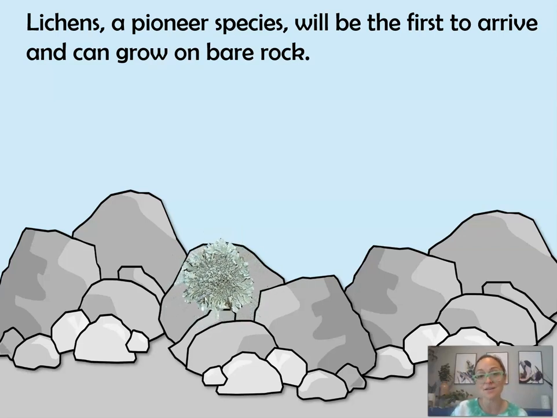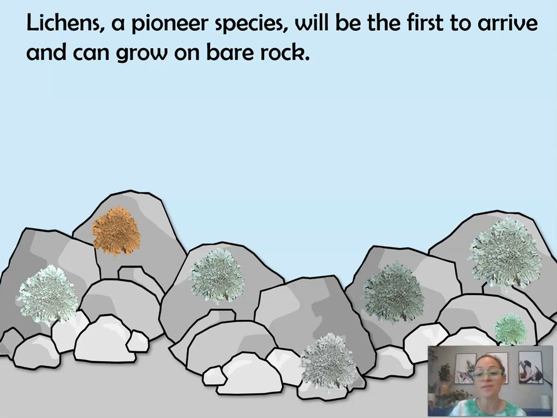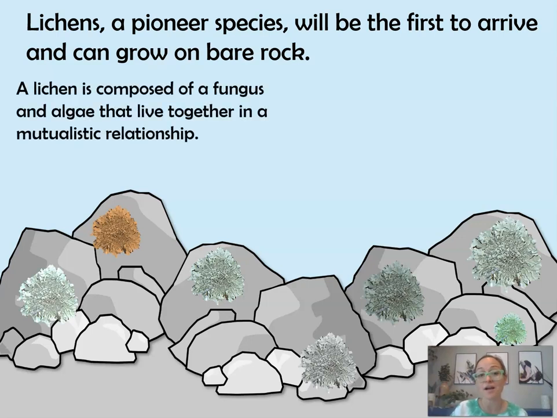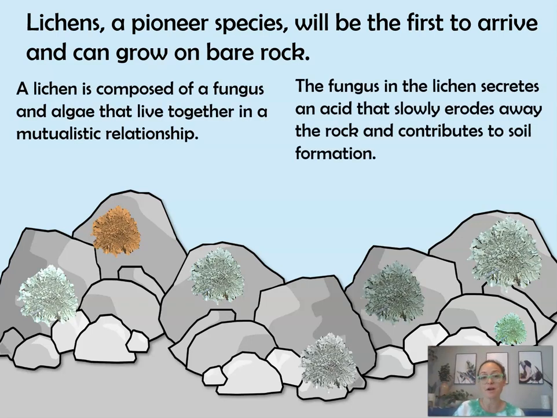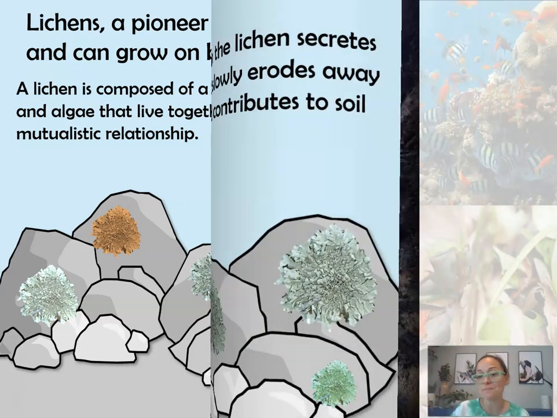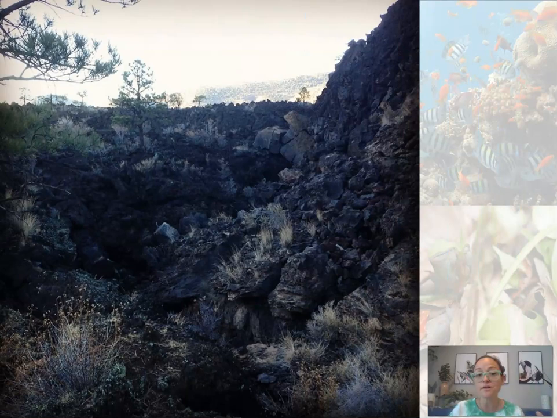Now, lichens are made of a fungus and an algae, and they live together in a mutualistic relationship. So they are the only things that can live on bare rock. The fungus part of the lichen will actually secrete an acid that begins to slowly erode the rock layers. Lichens come in many different colors and forms.